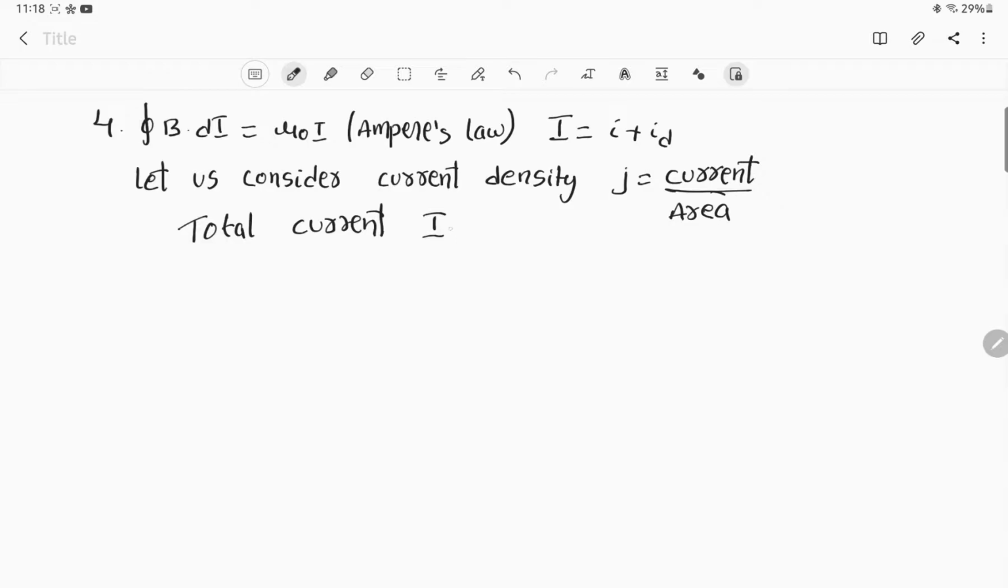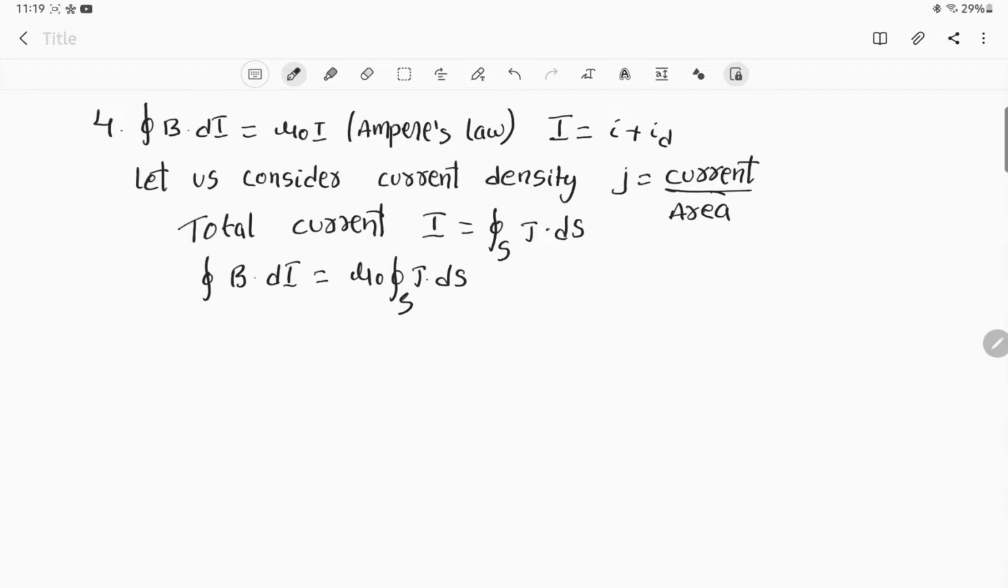The total current in mathematical form is given by I equals the surface integral of J dot dS. So the integral of B dot dl equals mu naught times, instead of I, the surface integral of J dot dS.